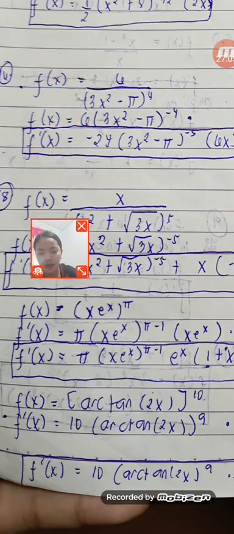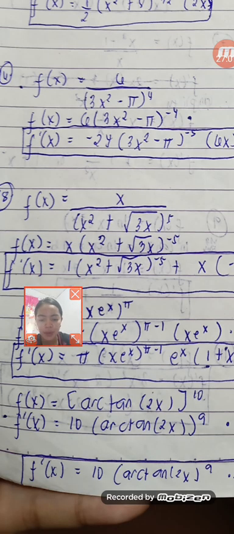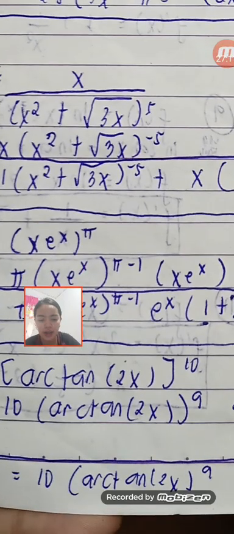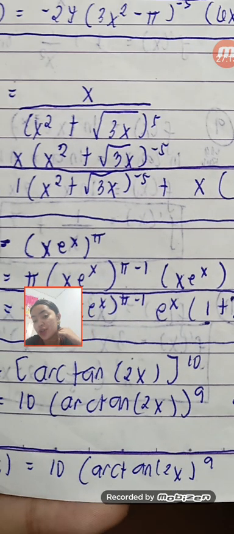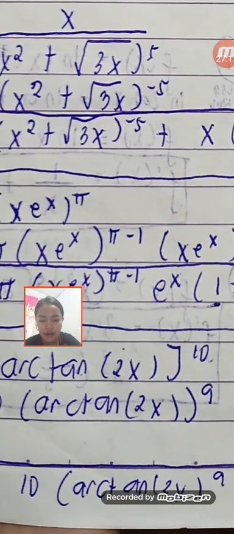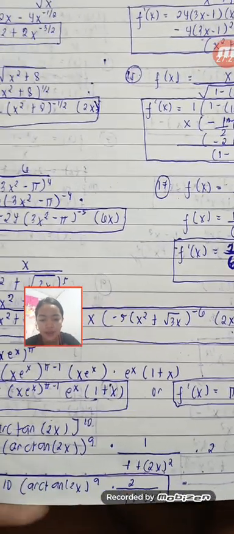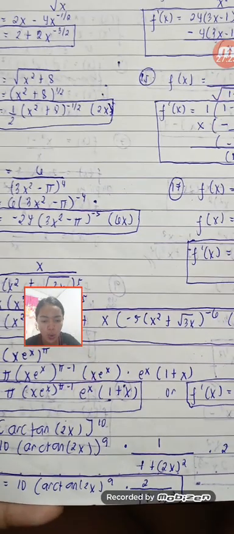That's why we come up here with 10 arctan 2x, 10 minus 1 is equal to 9. And we multiply this item. Since we are using the chain rule, we multiply these items by the derivative of the inside function. So the derivative of the inside function is 1 over 1 plus 2x squared.